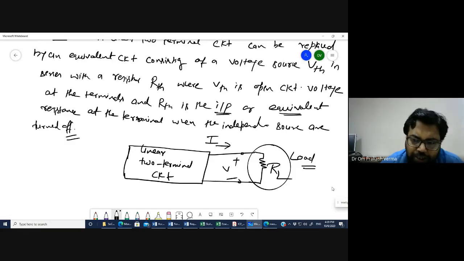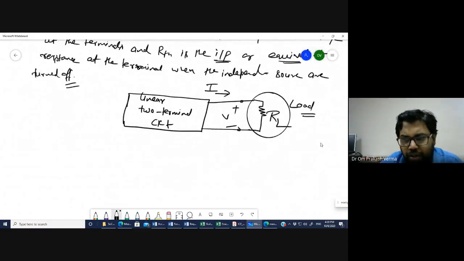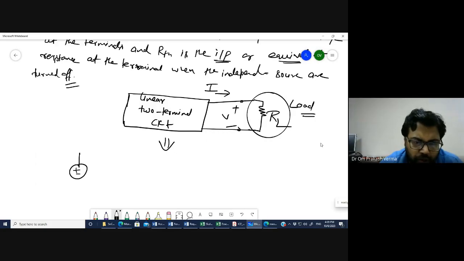Now the Thevenin theorem states that you want to calculate the current and voltage across this resistance RL. With the help of Thevenin theorem, you can replace the circuit like this. Overall you have to calculate a Thevenin voltage and one RTH equivalent resistance.